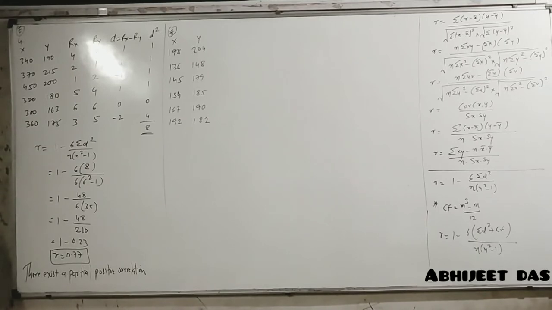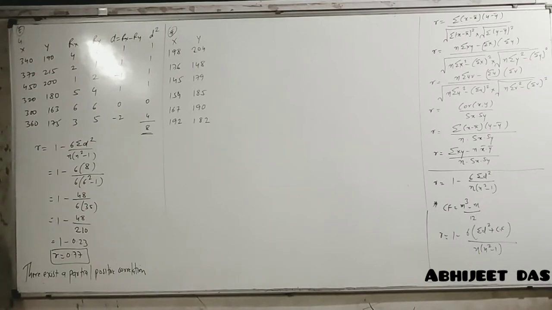Try to solve it. Allocate the ranks. The first rank will be given to 198 in RX, then 192 second rank, then 176 third rank, then 167 fourth rank, then 154 fifth rank, and 145 sixth rank. In RY, 204 first rank, 190 second rank, 185 third rank, 182 fourth rank, 179 fifth rank, and 148 sixth rank.